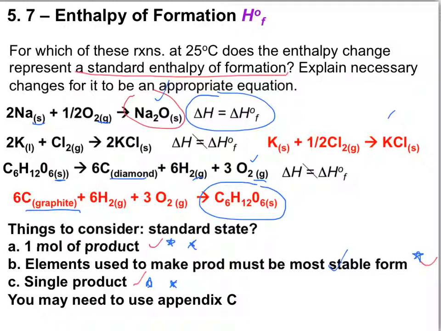And then we subsequently have a reaction in which your change in enthalpy value will be equal to your change in standard enthalpy of formation. So these are just a few examples to look at and to learn how to use appendix C alongside. So I suggest you go through and look at each of them.